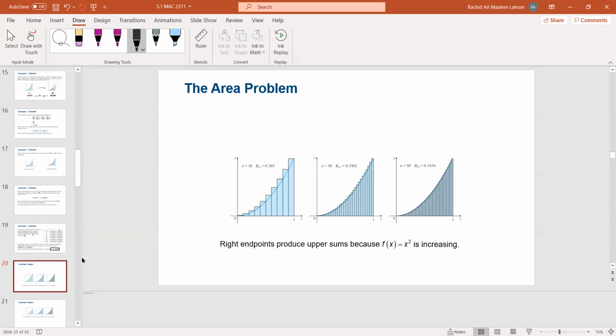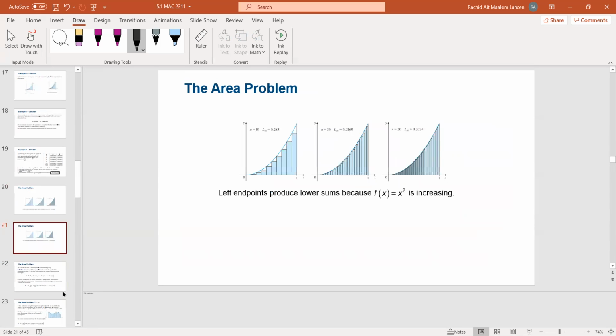So that's geometrically giving you the picture here, with using 10, 30, 50. The right endpoints, of course, produce upper sums, because this x squared is increasing, and the left endpoints produce lower sums because, of course, in this case, it's increasing. So that's important to double check whether it is increasing or not.